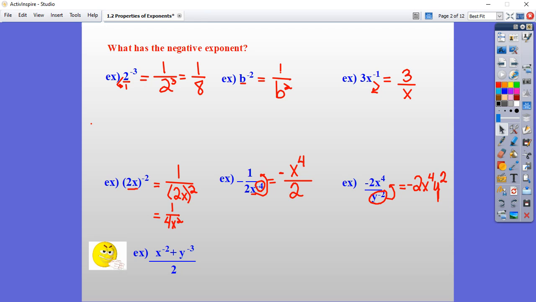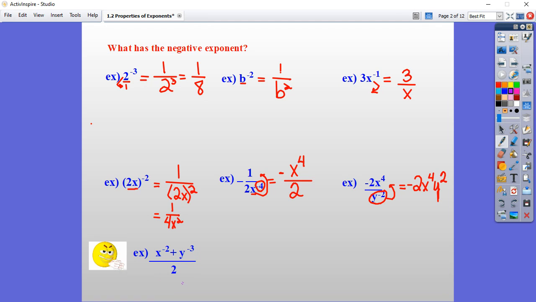There's an example here that's maybe a little bit trickier. The reason is that all of the ones we just did are monomials. I want to clarify that the property of exponents works for monomials. When we look at something like x to the negative 2 plus y to the negative 3, a lot of times students have a tendency to simply take the x and move it down to the bottom and take the y and move it down to the bottom.